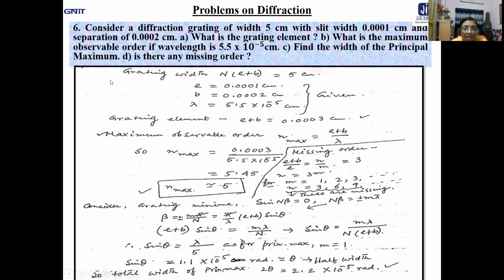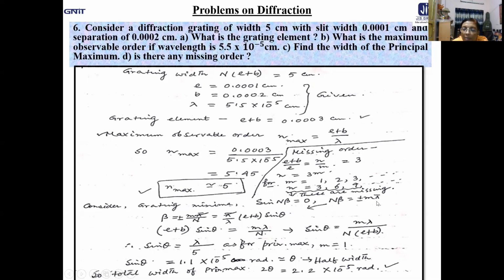Find the width of the principal maximum. Already in today's first problem we have considered that the width of the principal maximum is between the two first order minima. Now in case of grating minima, we know the condition is sin N beta equal to 0.